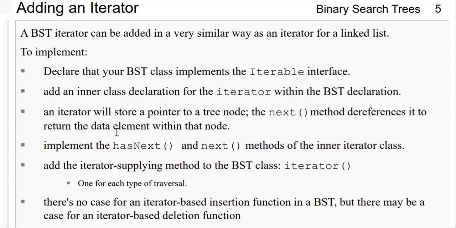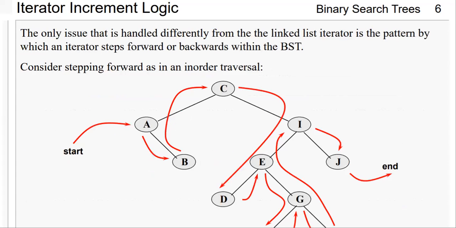So there is no case for an iterator based on the insertion function in a binary search tree, but there may be a case for an iterator in the deletion function.